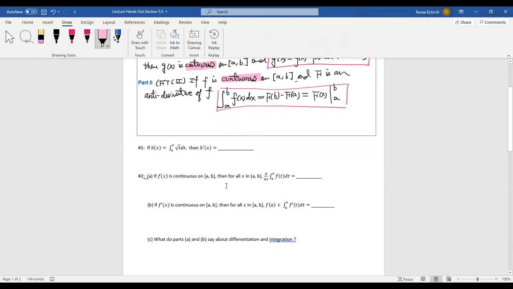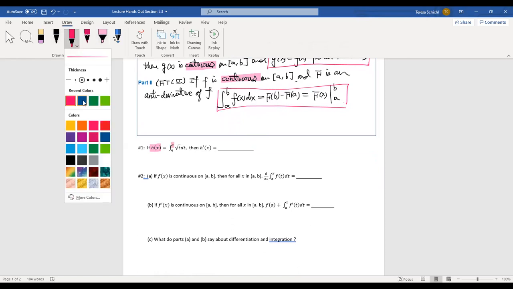Let's take a look at this first one. h of x is the integration of the square root of t, with the upper bound x.